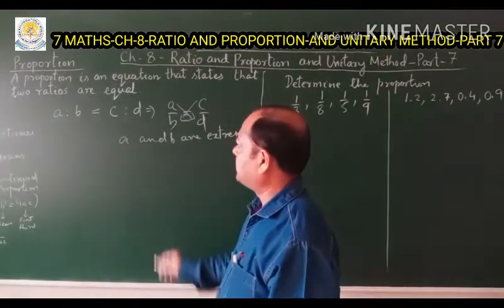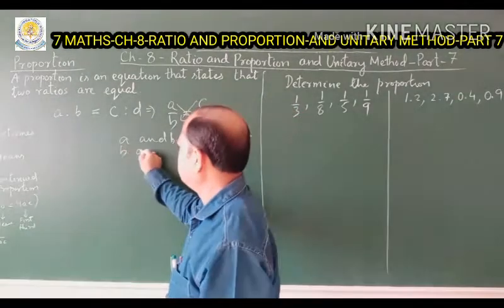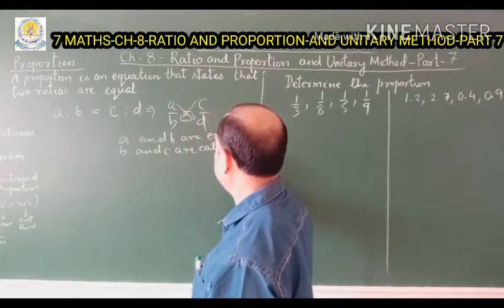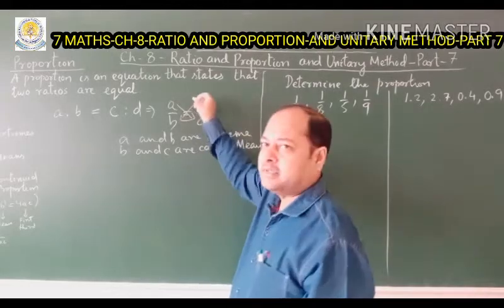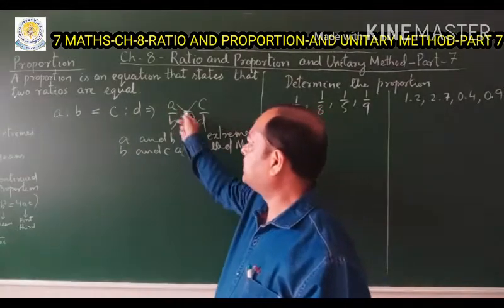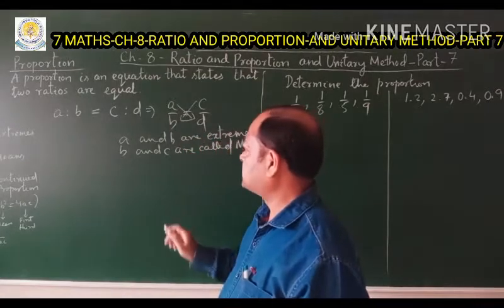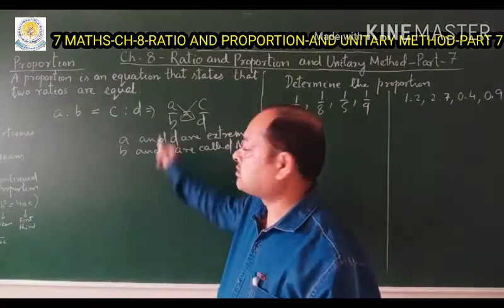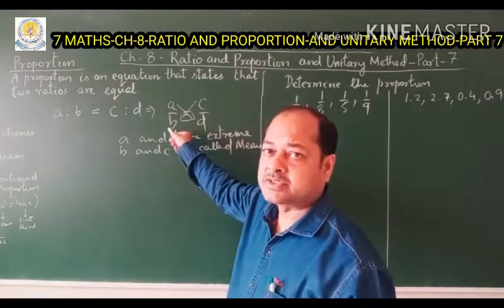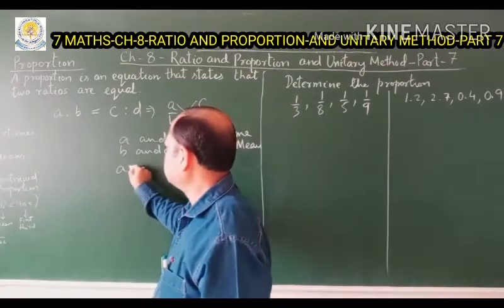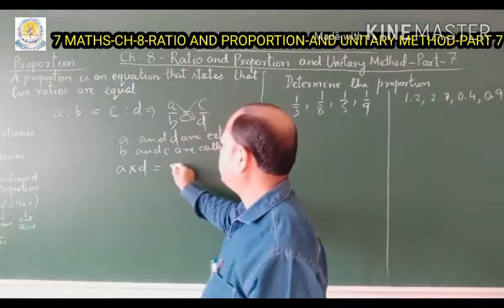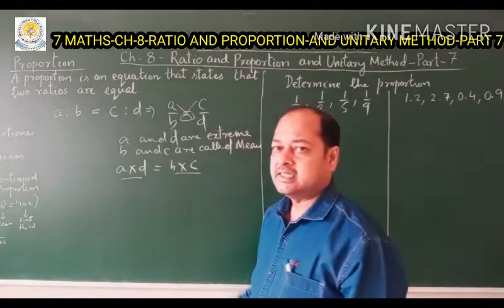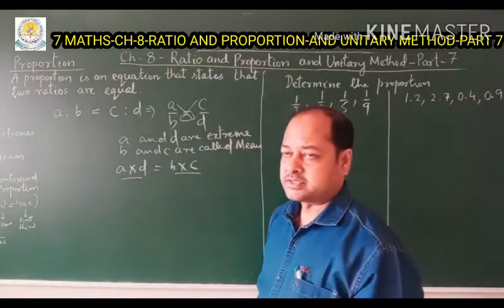B and C are called mean terms. So A and D are called extreme terms, and B and C are called mean terms. Now cross multiply, we have to check whether it is a proportion or not. A into D is AD and B into C is BC. If AD equals BC, then we can call it a proportion.